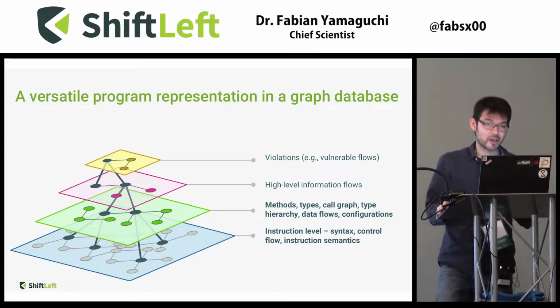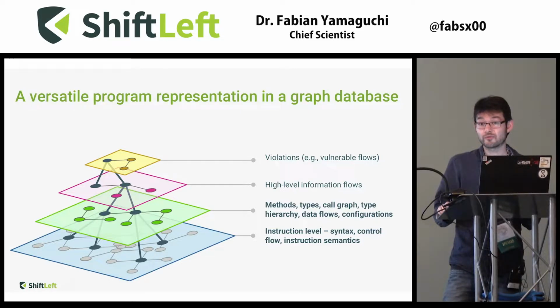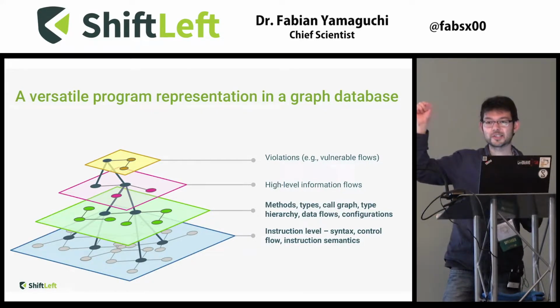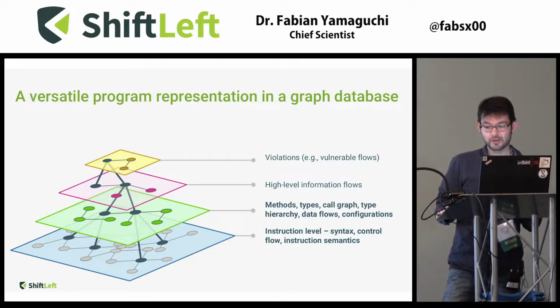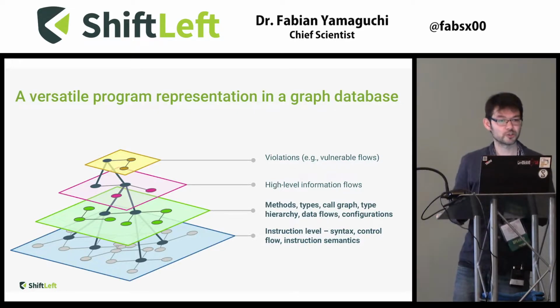And then finally, we even add things like configuration files. For example, when methods are annotated such that you know, this is an HTTP handler, and this is the route to that HTTP handler, then we read that from the configuration file and integrate that information in the graph as well.